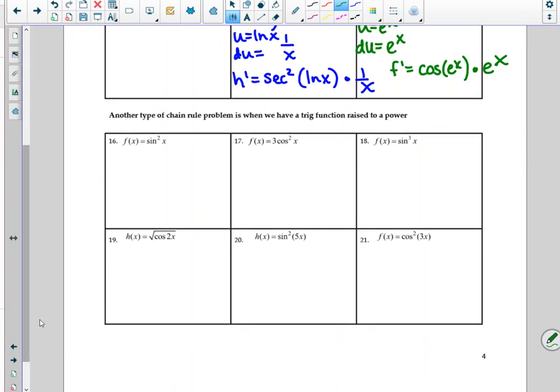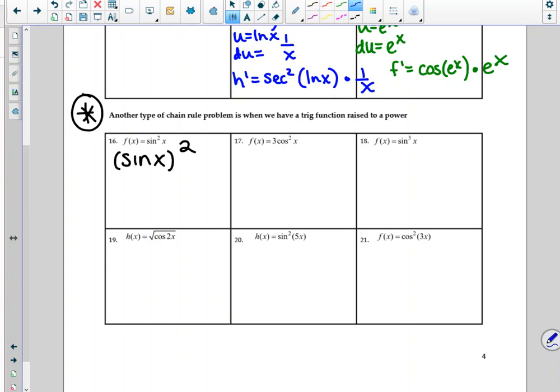Another kind of chain rule problem that can involve trig is when the trig function is the inside part. The trig function is actually more like the u. And this is kind of our more typical chain rule problems where we're used to seeing something inside a parentheses. And that inside stuff just happens to be trig this time.